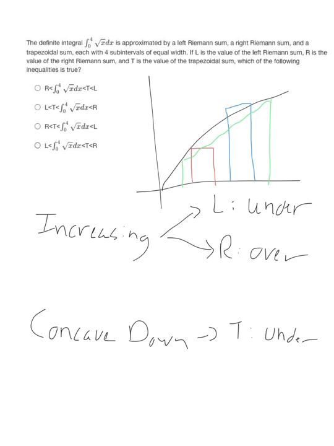So the question that remains is to compare my two underestimates. Basically, I know it's either this one or this one, because the right endpoint has to be the biggest one. It's my only overestimate.